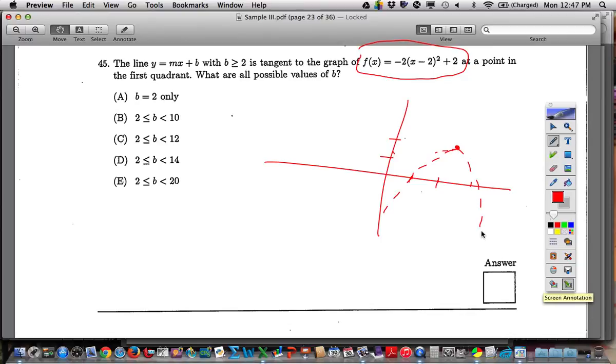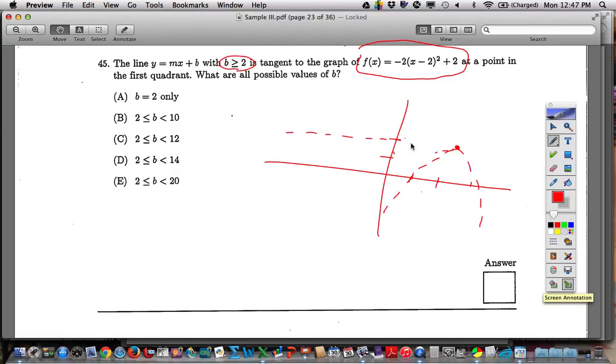All right, so it's something like this, and so the idea is that the tangent, now b is the y-intercept, so it's going to be greater than or equal to 2.